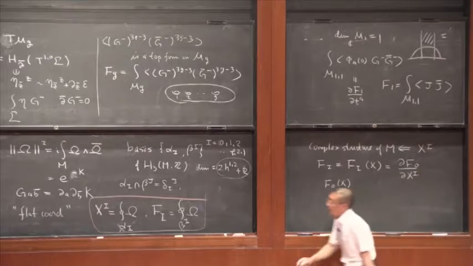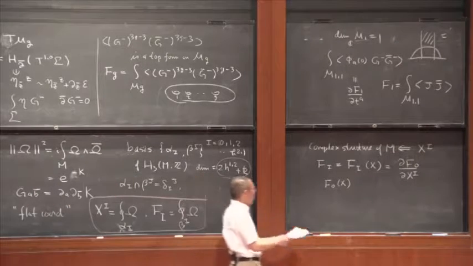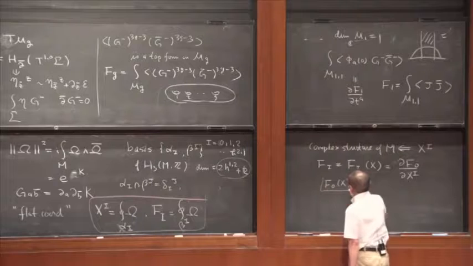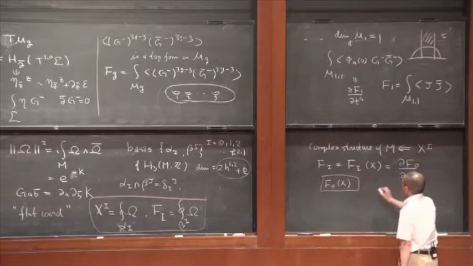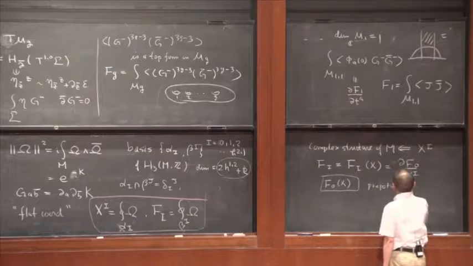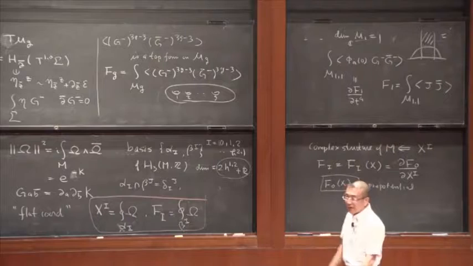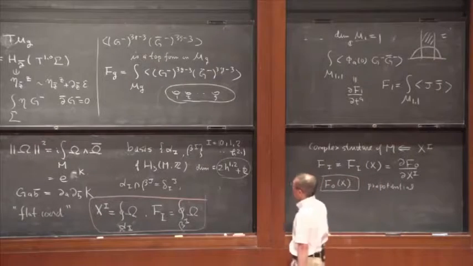And this turned out to be related to the prepotential that I was referring to earlier. So this is going to give you a prepotential. Okay? So the flat coordinates that I was referring to are basically the ratio of x.